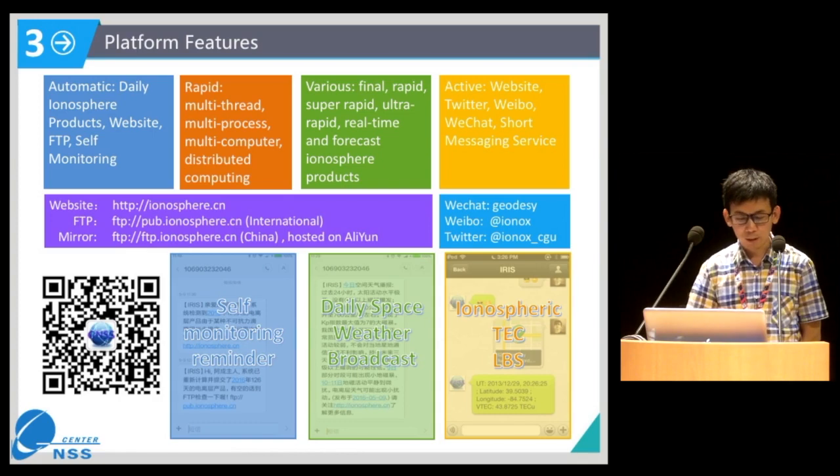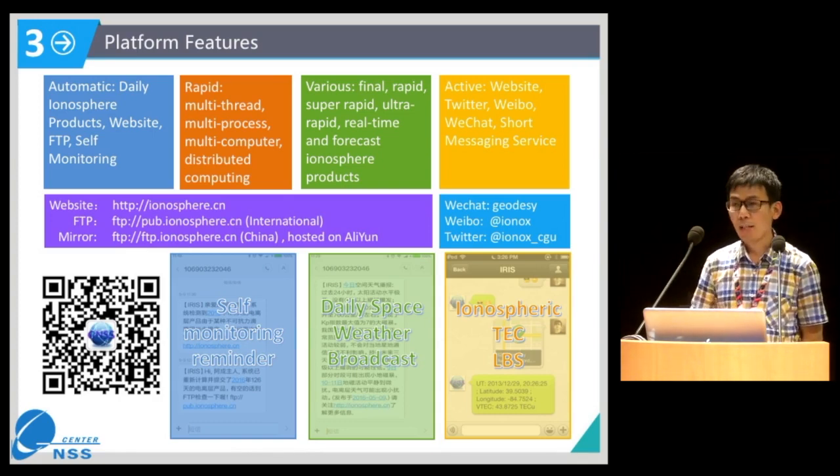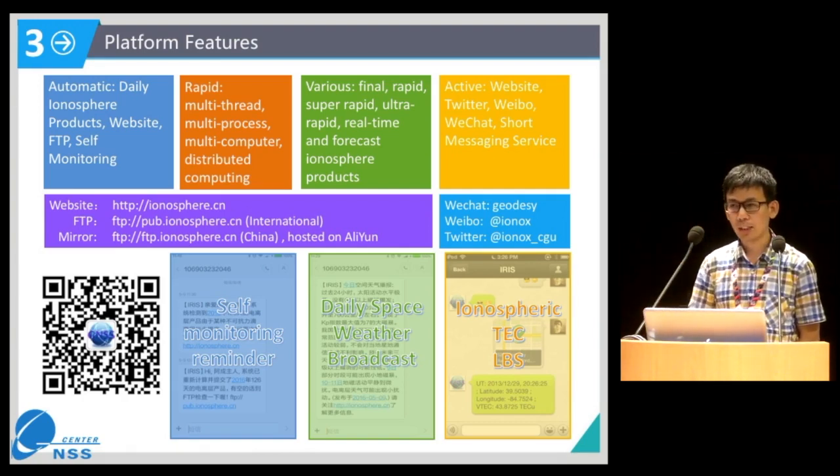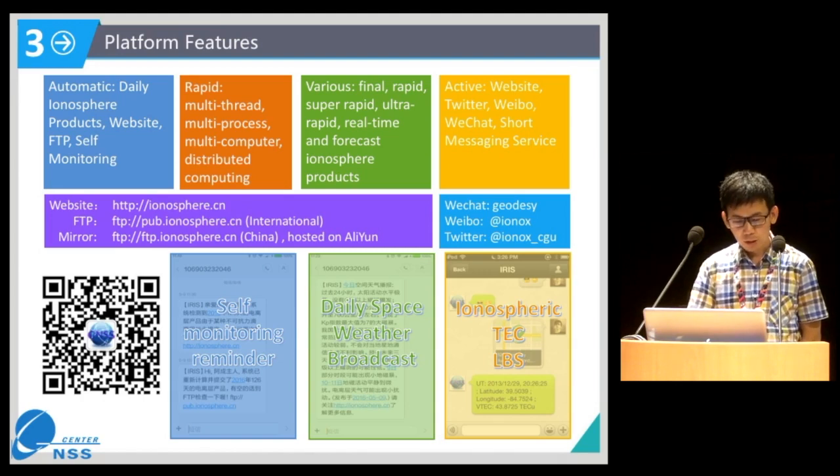So we have developed a tool to self-monitor this platform. Once we detect that there is some problem with the aerosphere products, we will regenerate the products and send a short message to the manager. So with this self-monitoring tool, this platform is rather stable and can run automatically over years.